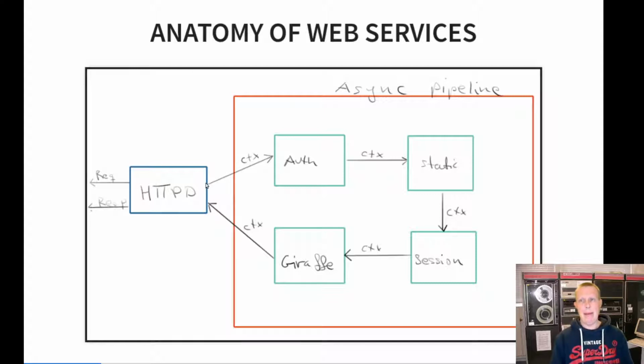That would be a bad thing. Also, all these green boxes might find that they need to do things asynchronously. So it's really good to have everything inside an async block, because then we can also do things in parallel and so on.